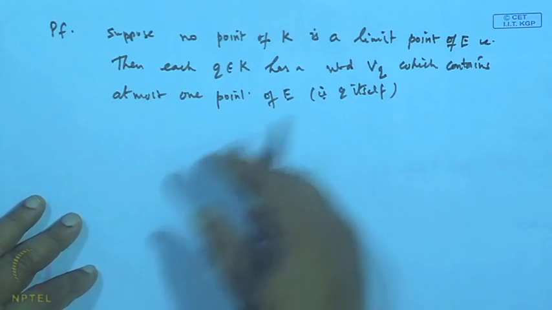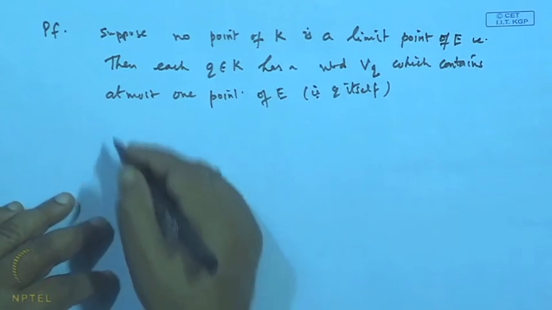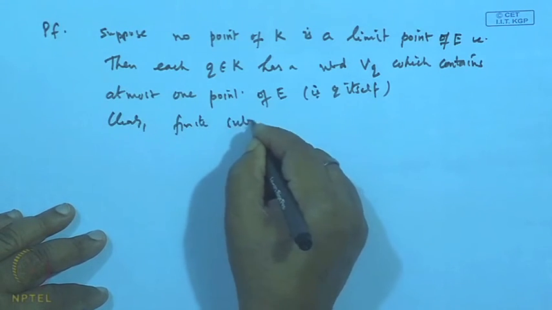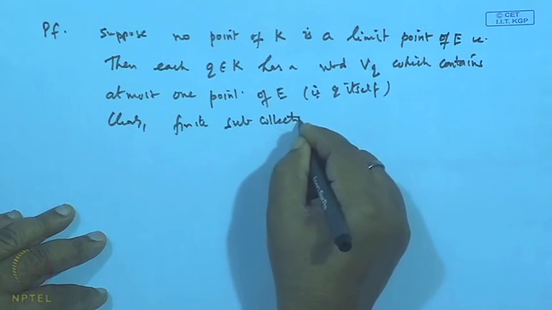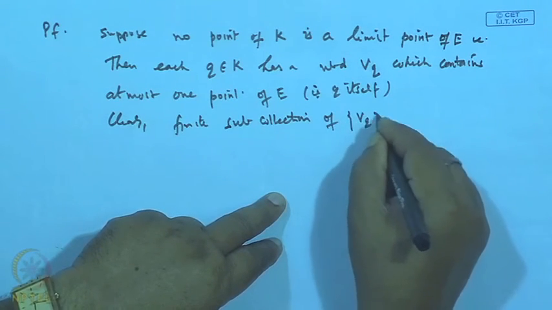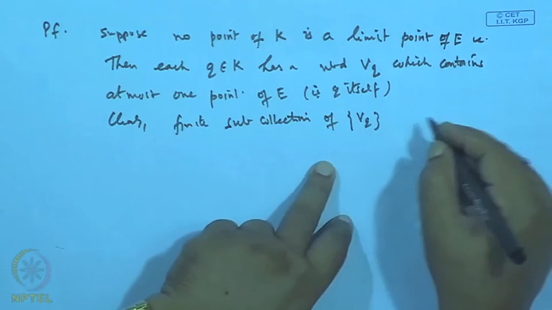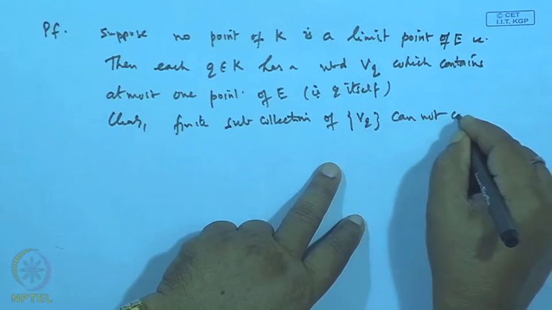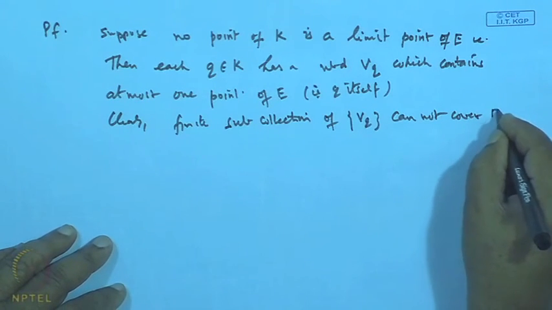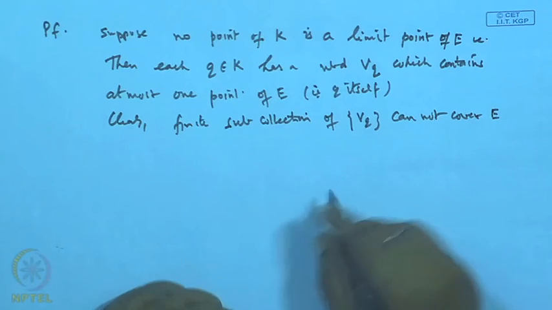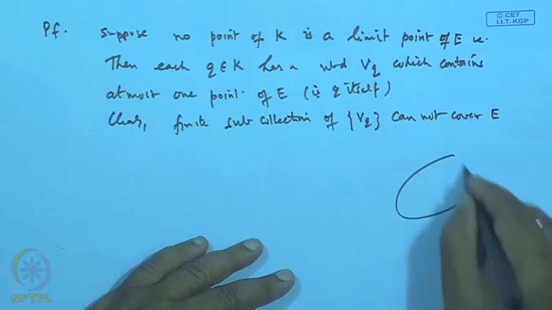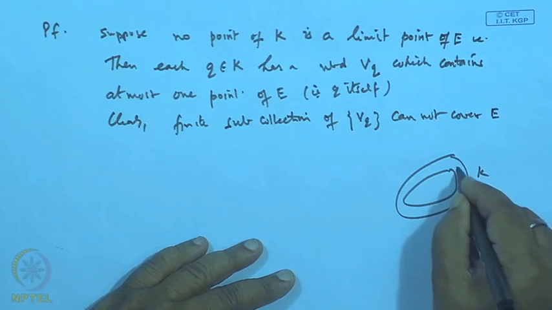Now, if I take a finite subcollection of these neighborhoods V Q, then it cannot cover E. Here is our K and E is this.